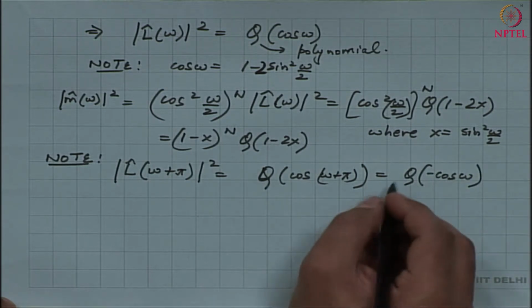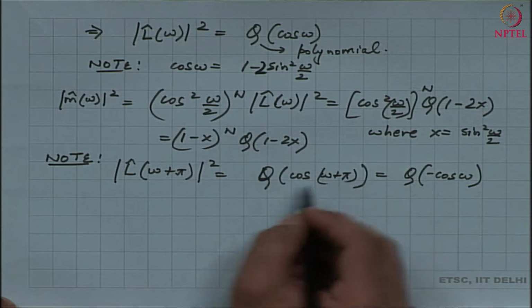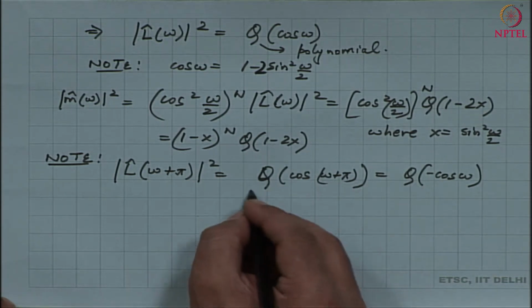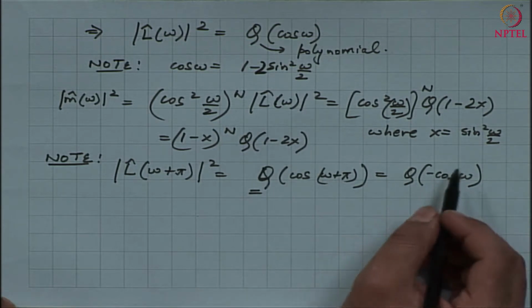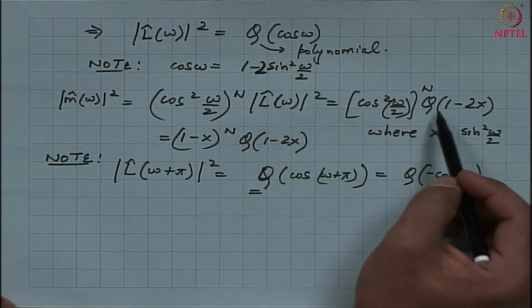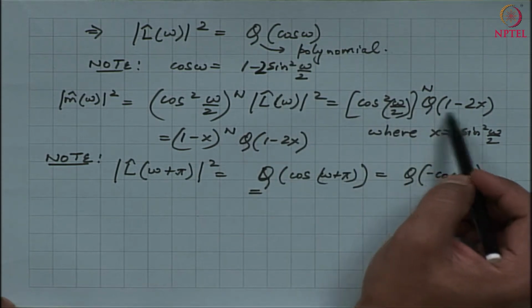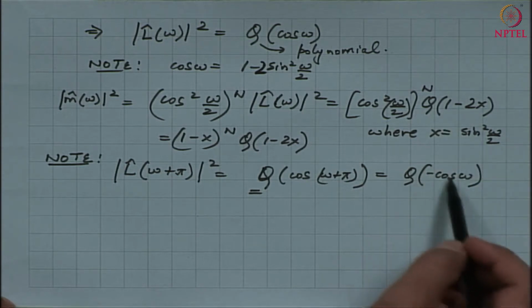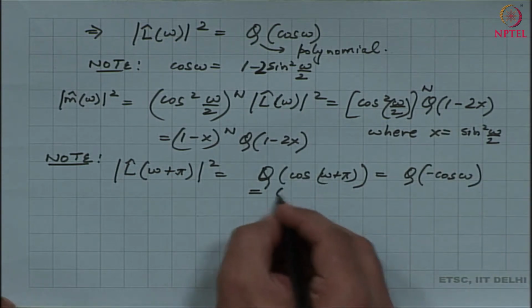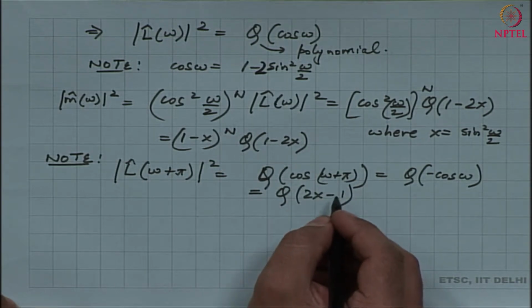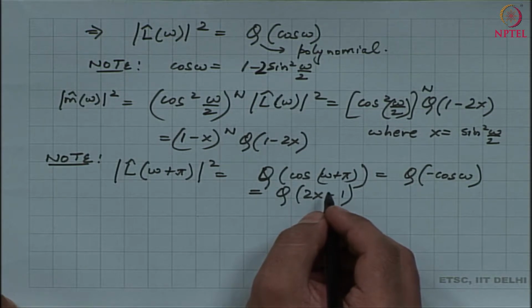All I have done is replace cos of omega plus pi with its function. Earlier, when we had q of cos omega, I denoted that as q of 1 minus 2x. So, all I have to do is take a minus. So q of negative cos omega is q of 2x minus 1.